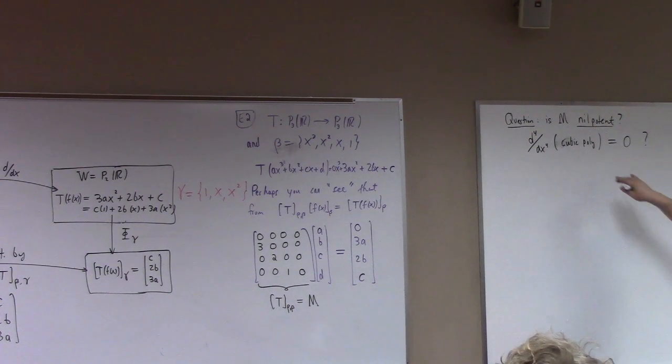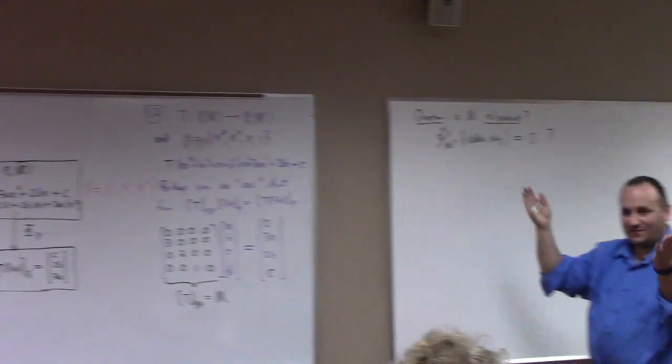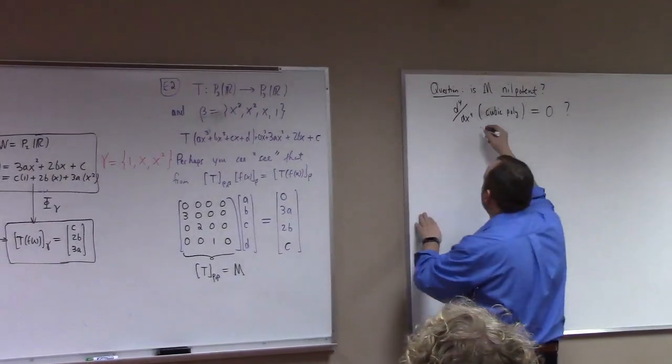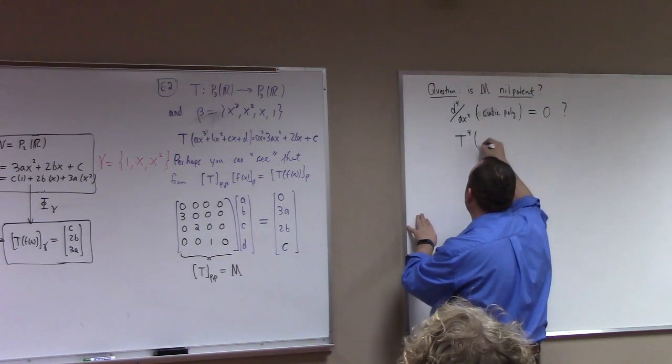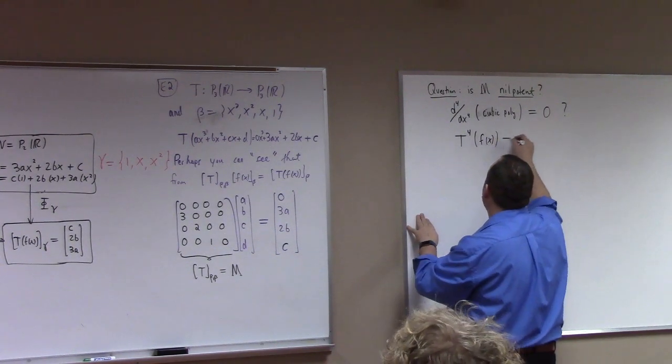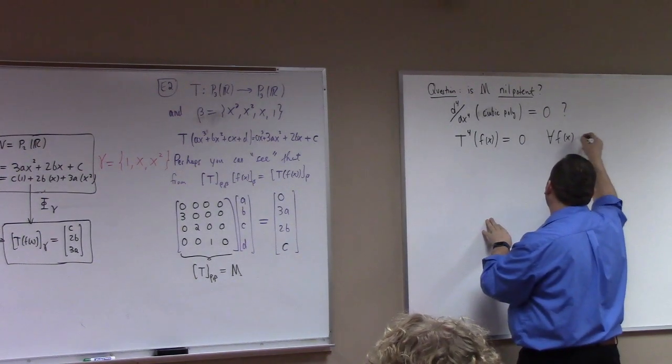Yeah, you differentiate 4 times, you reduce your power down to 0. Everything's gone. So if you think about that, T to the fourth acting on f of x should be equal to 0 for all f of x in P3.